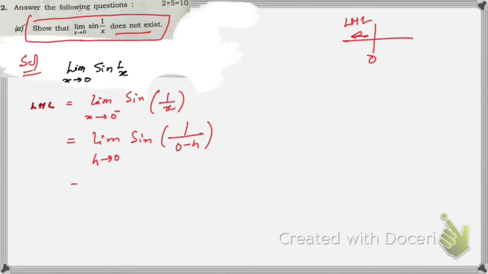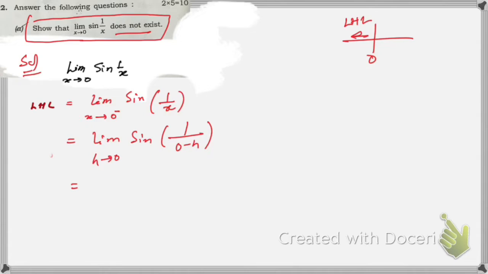So now you see, actually this is taken as x minus h tends to 0, right? So then if x tends to 0, then h also tends to 0, right? So we have assumed that way to find the left hand limit. So hope you got it now.